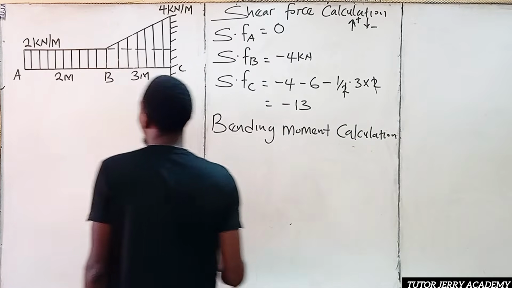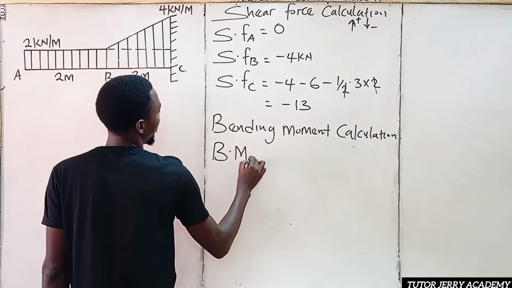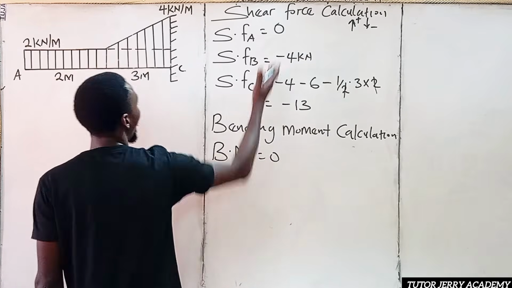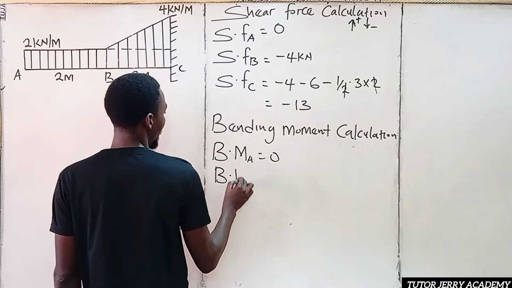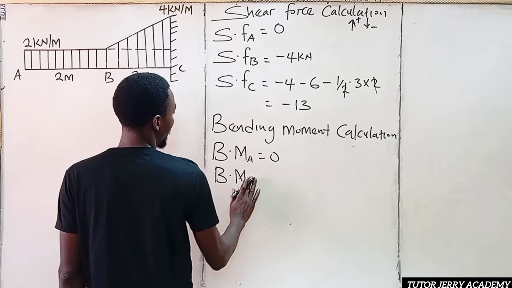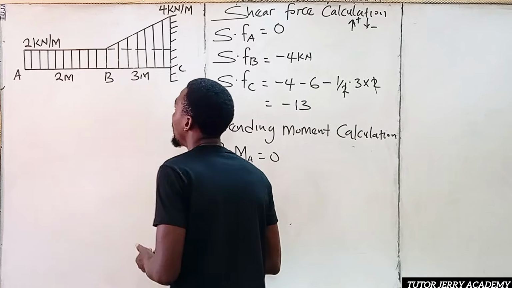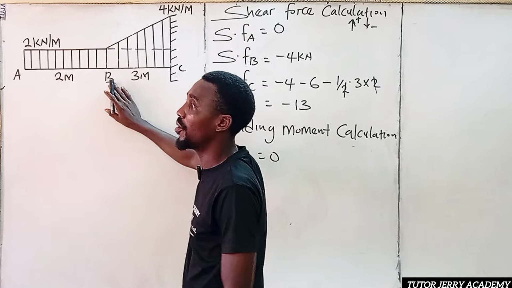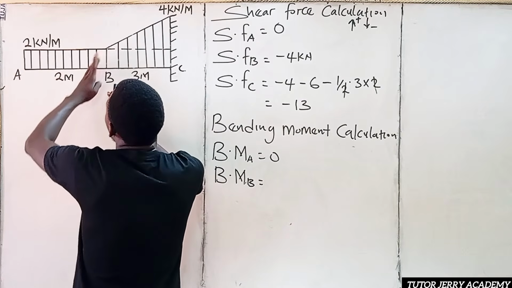All right. We start at point A again. The bending moment at point A is of course 0 because we don't have any force there. Now the bending moment at point B. We have a uniform distributed load here.